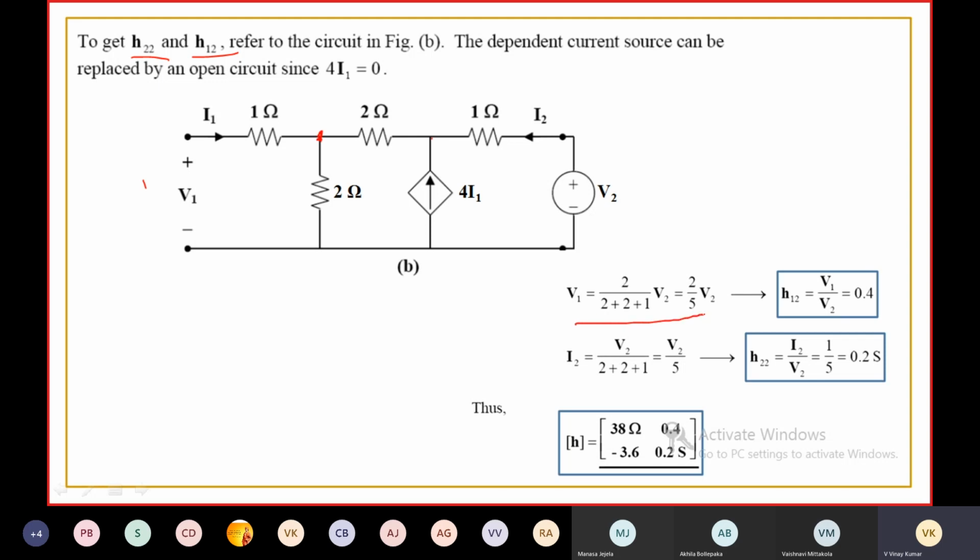Here, let us use the voltage division rule. V1 is equal to the voltage across this.